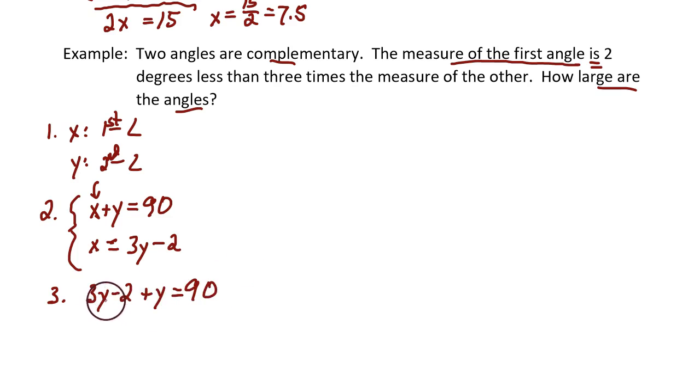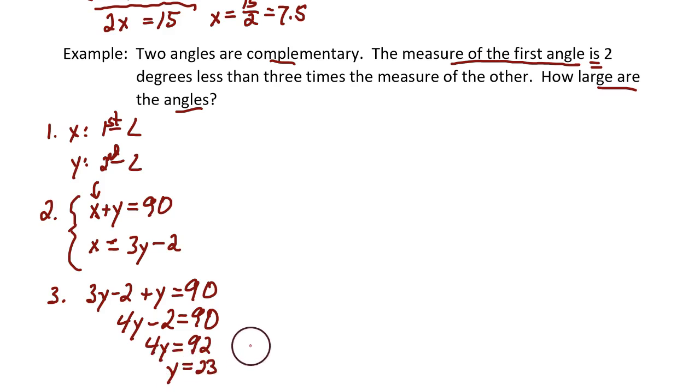Now combine like terms. 3y plus y is 4y. Now add 2 to both sides. And divide by 4. Y equals 23. We have figured out that the measure of the second angle is 23 degrees.